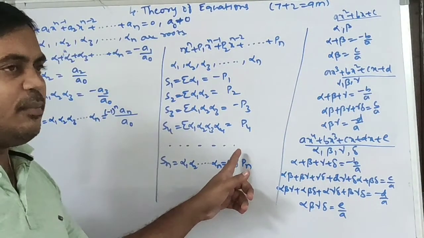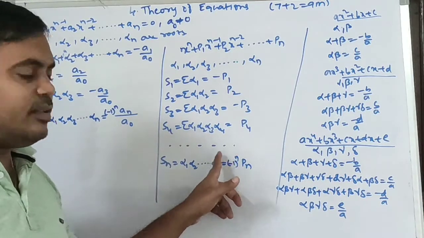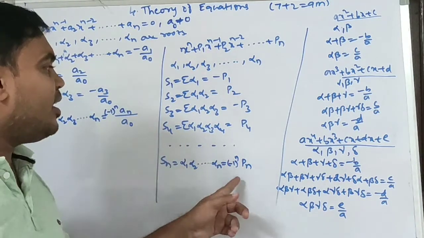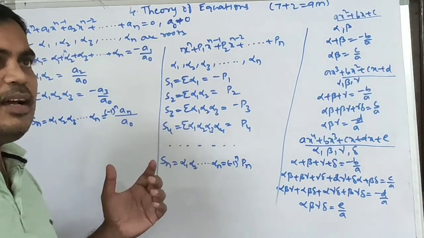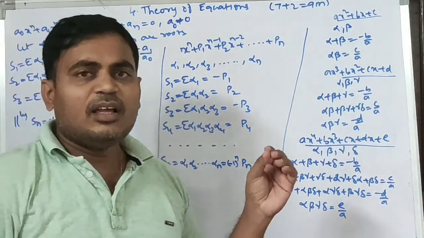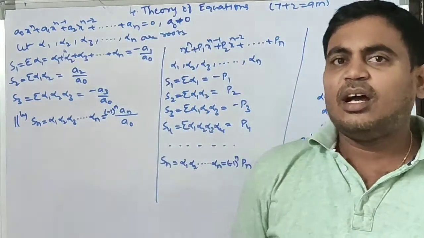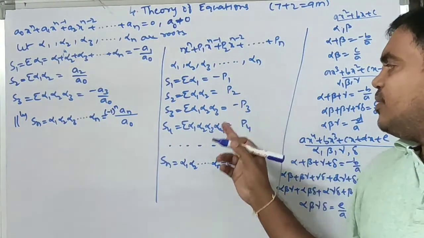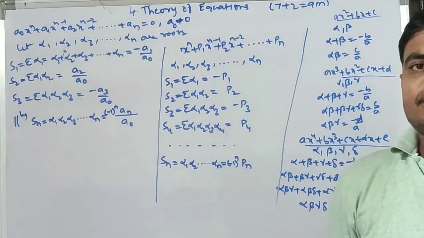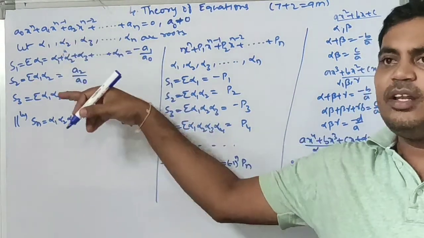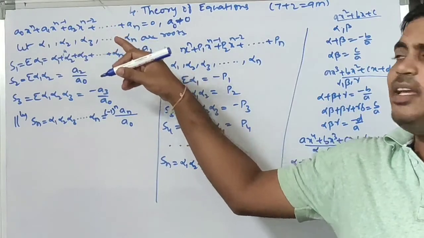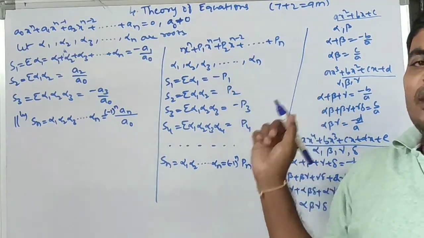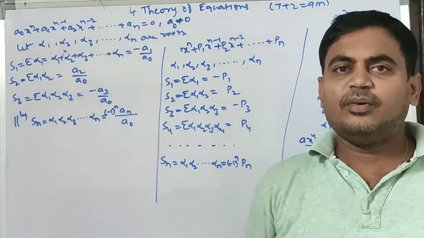If n is an odd number we get minus, and if n is an even number we get positive. So this is the relationship between roots and coefficients of a given equation of nth degree, for the monic polynomial, whose highest power coefficient is equal to 1.